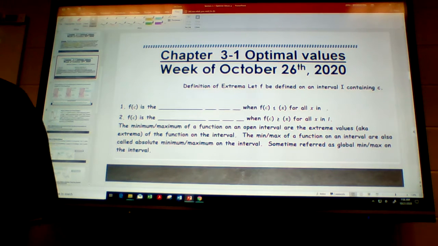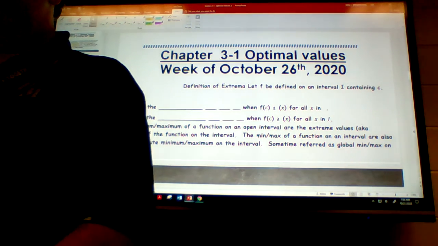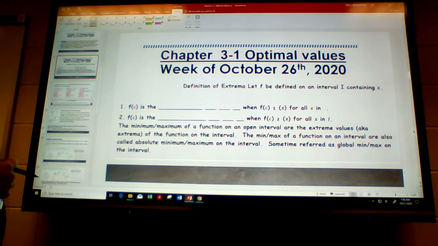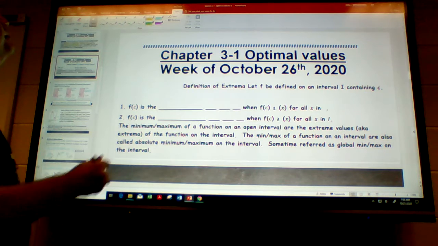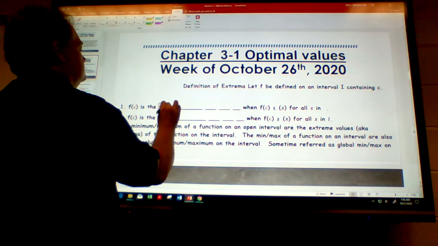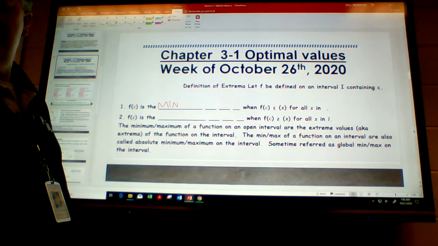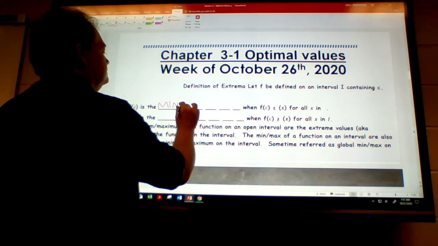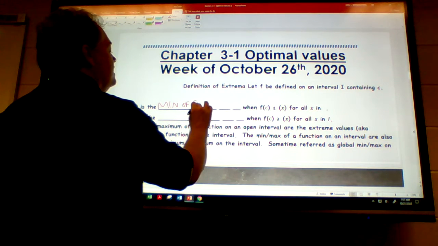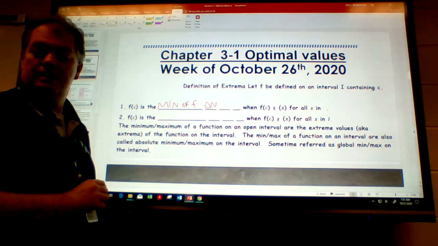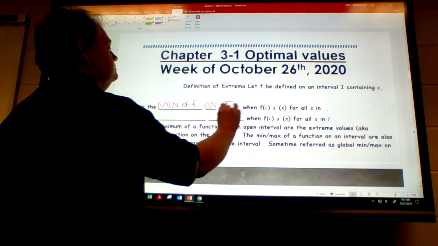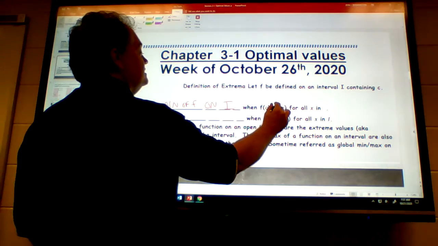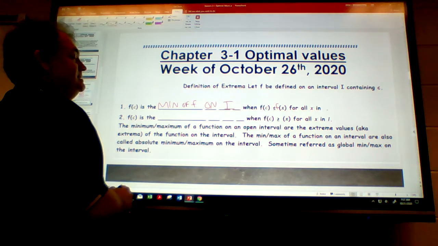Now, some things you need to know. The definition of the extrema. Let f be defined on the interval I containing c. f of c is called the minimum of f on I when f of c is less than or equal to f of x for all x in the given interval.